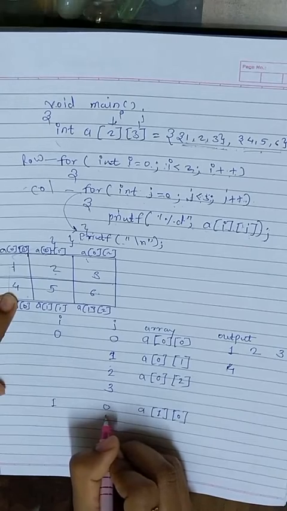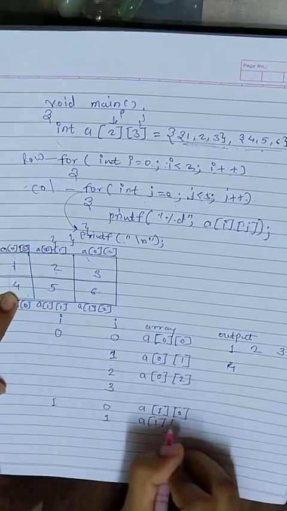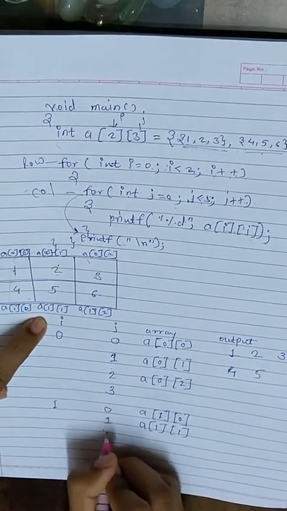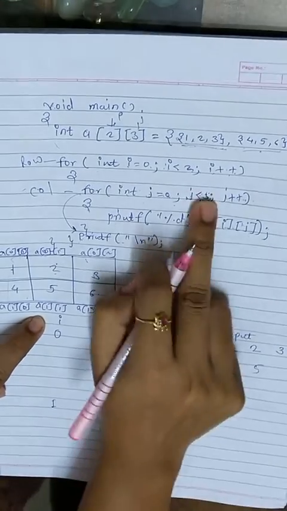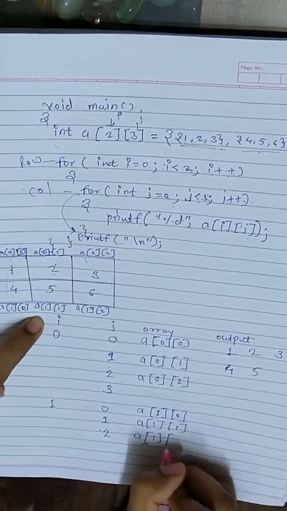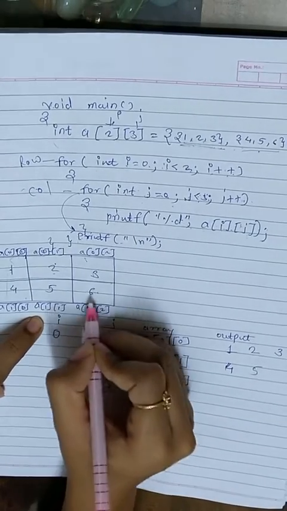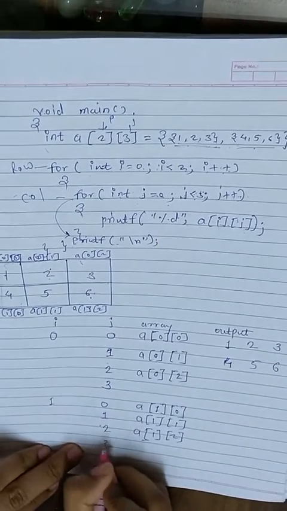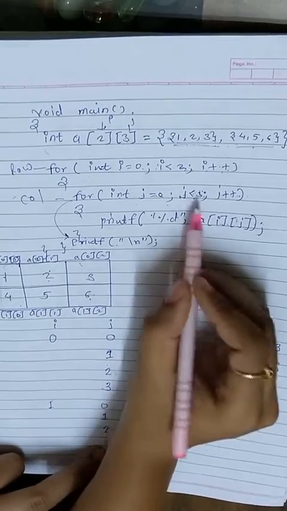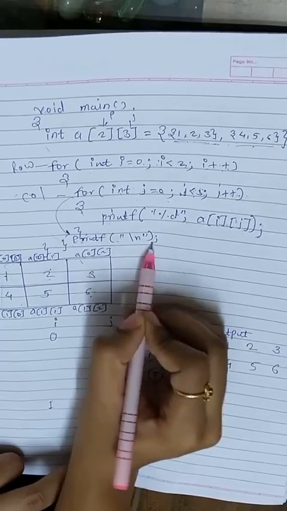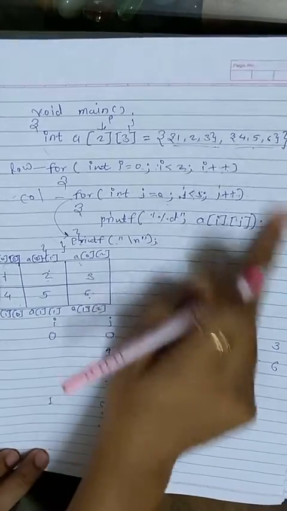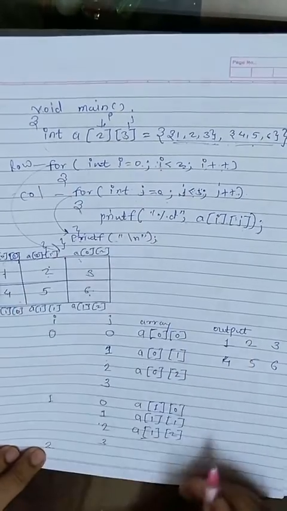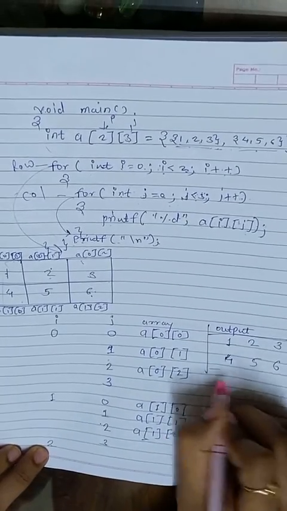Then again j will increment by 1. A of 1 1 is 5. 2 less than 3, yes, A of 1 2 is 6. Again j will increment and become 3. 3 is less than 3? Condition false. printf \n. Again i will increment to 2. 2 is less than 2? Condition false. It will come out of the whole loop, and we will get this matrix in the output.